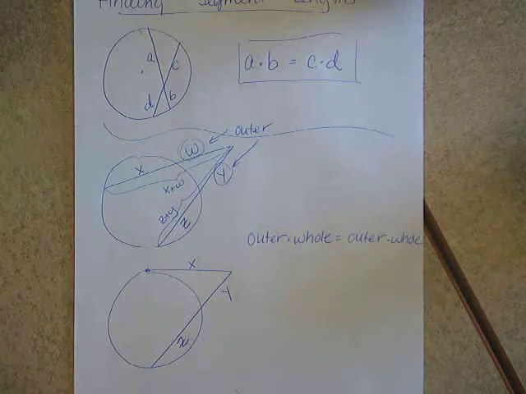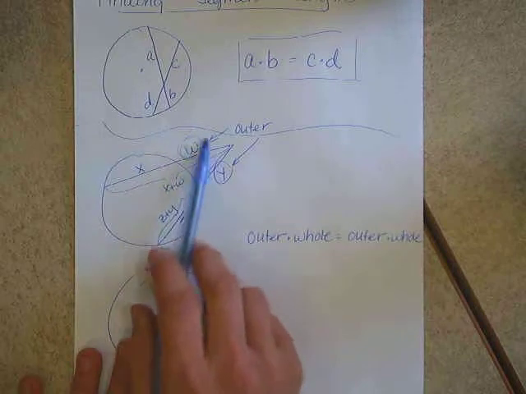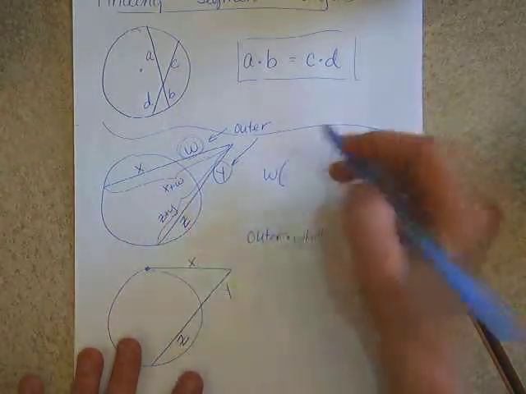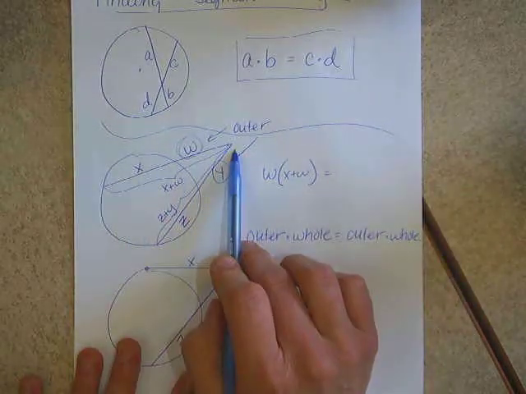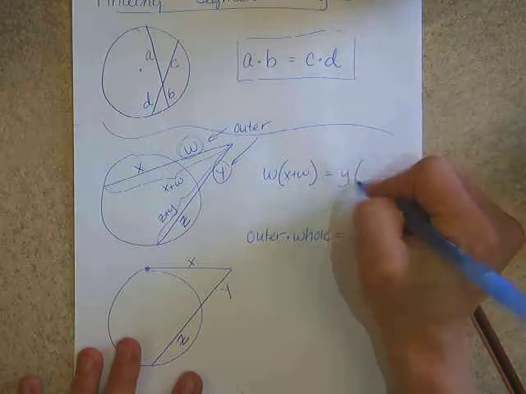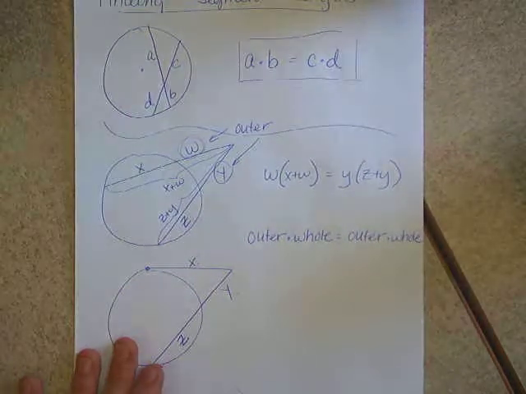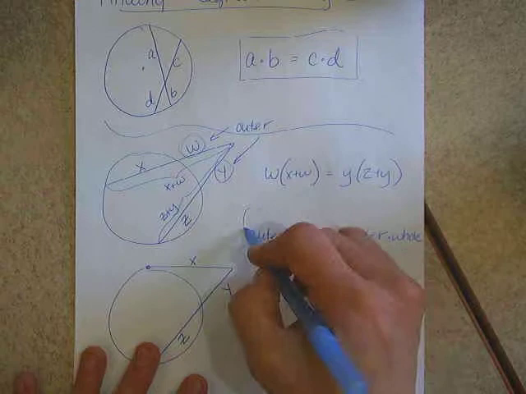This whole segment would be Z plus Y. So if I do the outer here, that would be W times X plus W. So outer times the whole segment equals outer, which would be Y, times that whole segment, which would be Z plus Y.